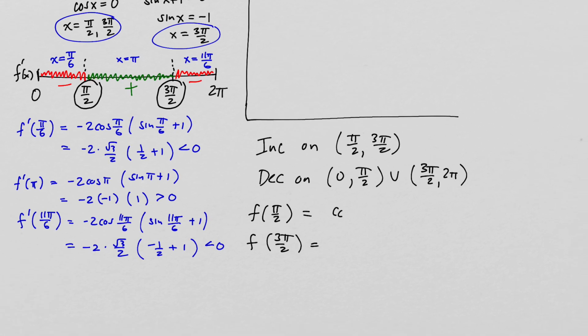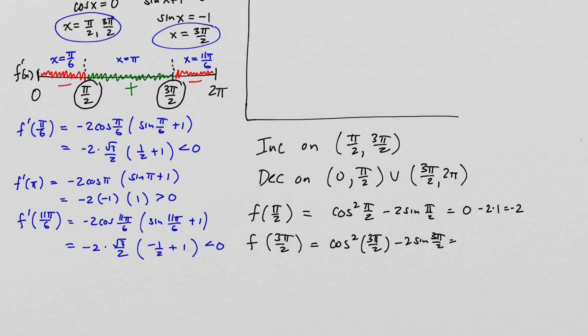So we have cosine squared of pi over 2 minus 2 times the sine of pi over 2. This is going to be 0 minus 2 times 1, which is negative 2. And then cosine squared of 3 pi over 2 minus 2 times the sine of 3 pi over 2 is 0 minus 2 times negative 1, which is positive 2.